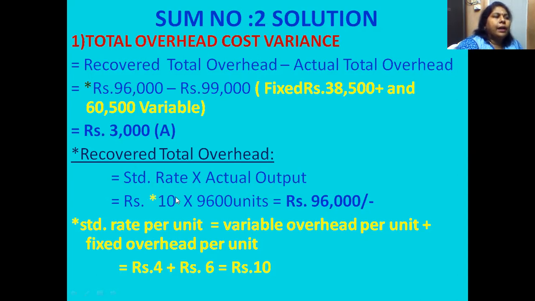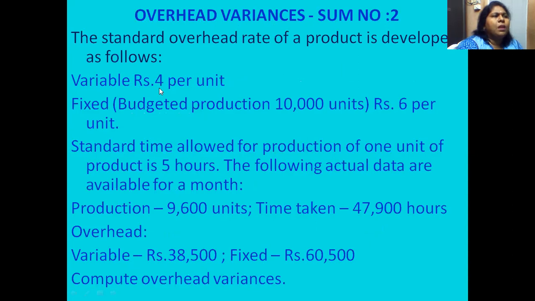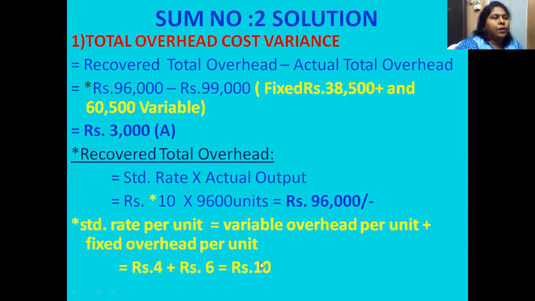The standard rate is 10 rupees. How did I get the 10 rupees? It is 4 plus 6, which is given in the problem: 4 is variable and fixed is 6. So as per the standard, the total standard rate is 4 plus 6, which means 10. That's what I worked out here.